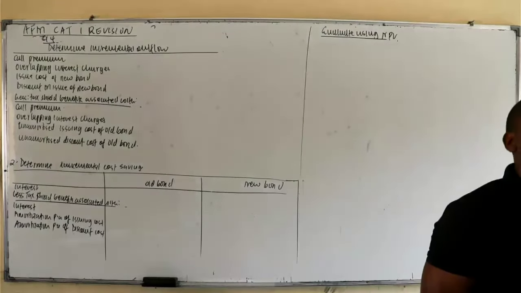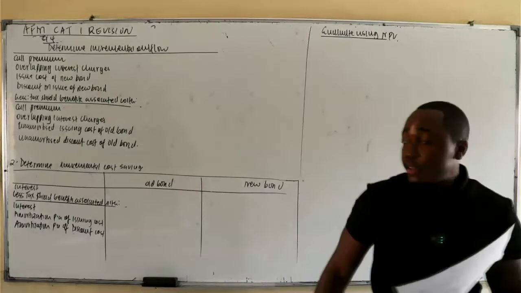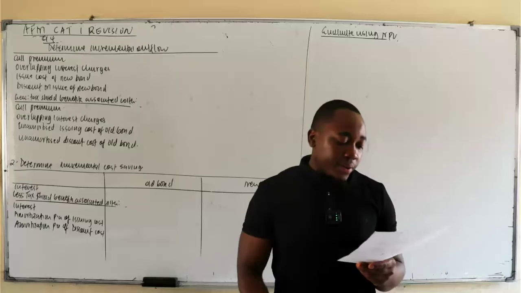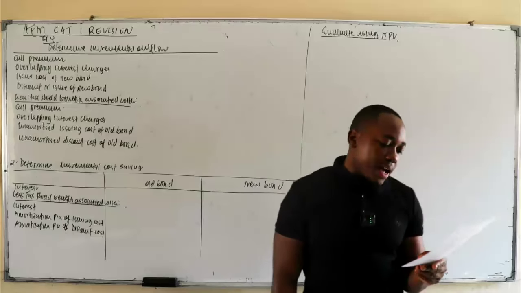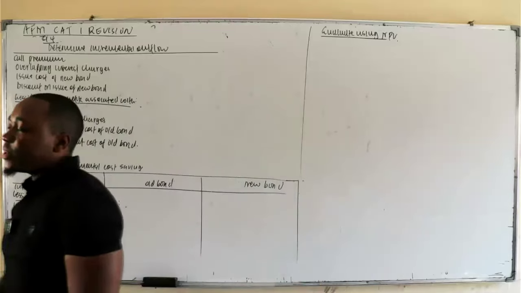Flotation cost is the cost of raising new funds. Assume a 2-month overlapping period. So that one will give us the overlapping interest charges. And the corporate tax rate is 30%. The firm cost of debt is 8% required. Determine the net present value of the bond refinancing and hence advise the company accordingly. Now read that question slowly.